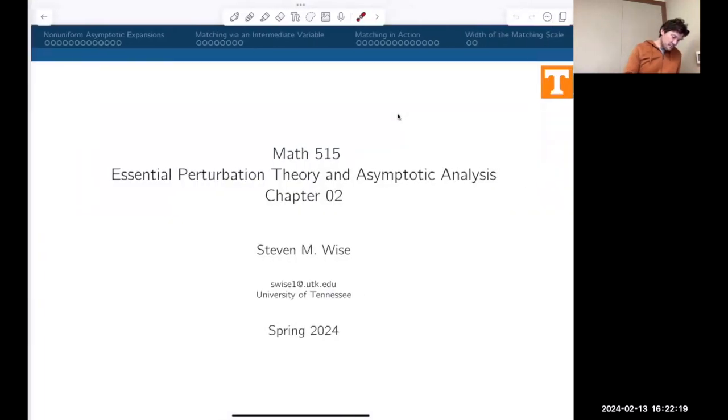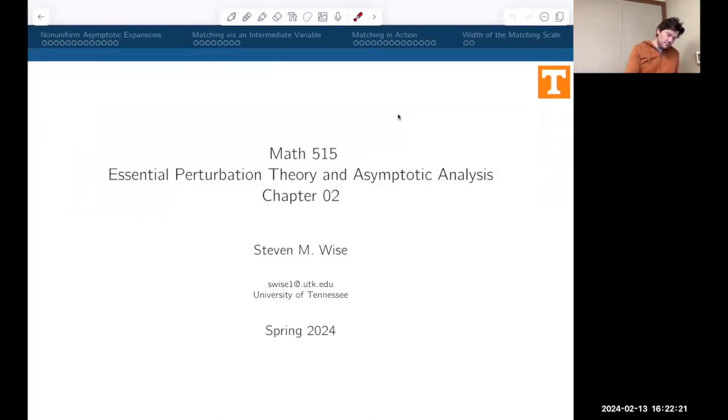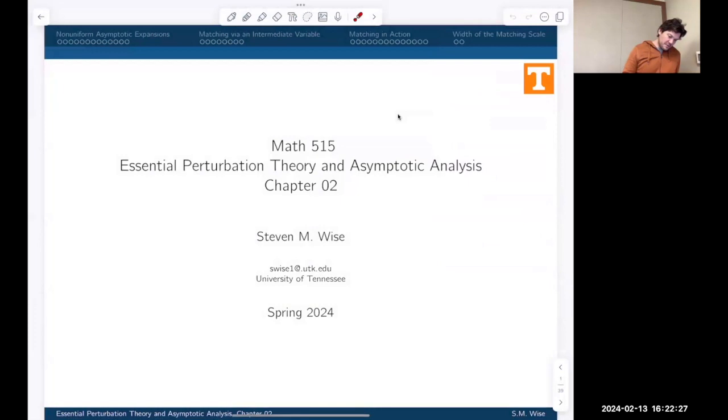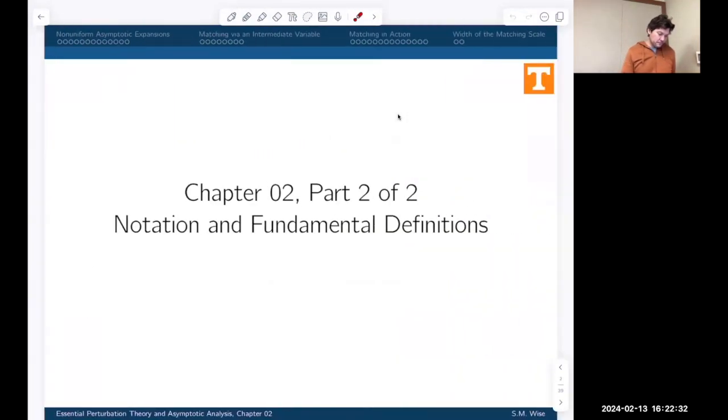In any case, let's move on to the second slide deck for chapter 2. In the second slide deck, I'm focusing on matched asymptotic approximations.